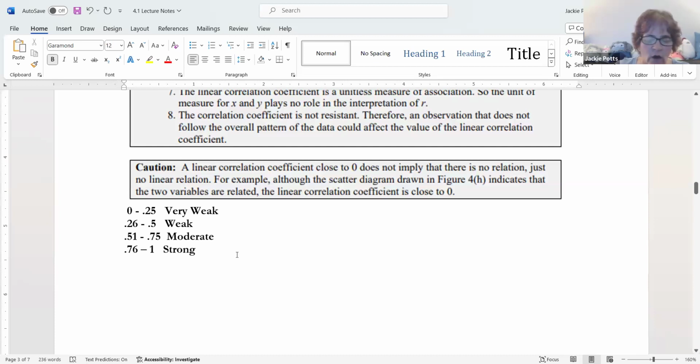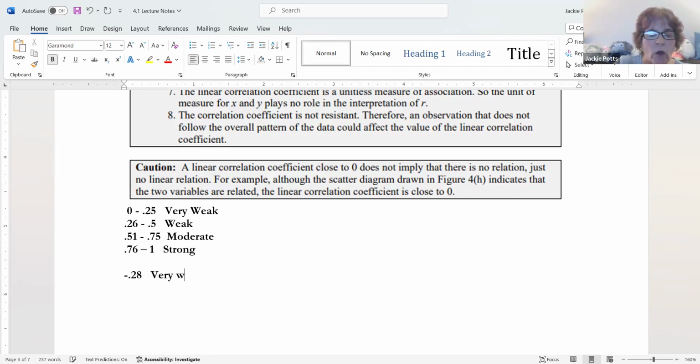So if I had an R value of negative 0.28, let's do it this way.